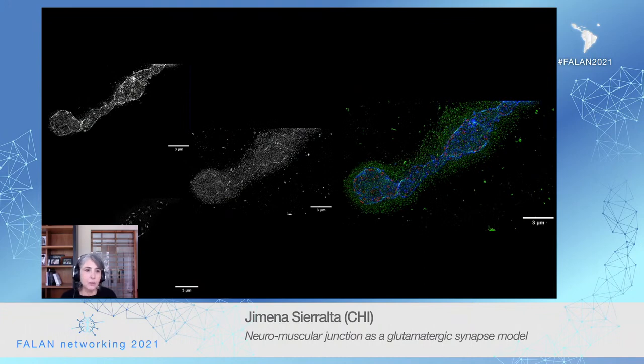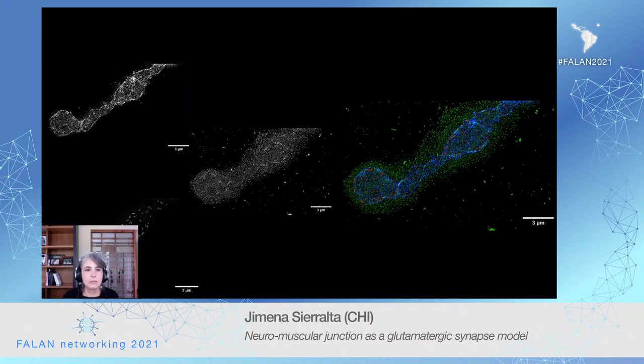To do that, we had to downregulate also the PMCA and DLG in the postsynaptic side, because as the membranes there are much more abundant, the signal for PMCA and DLG is very strong. To see the PMCA and DLG in the presynapse, we had to do that.